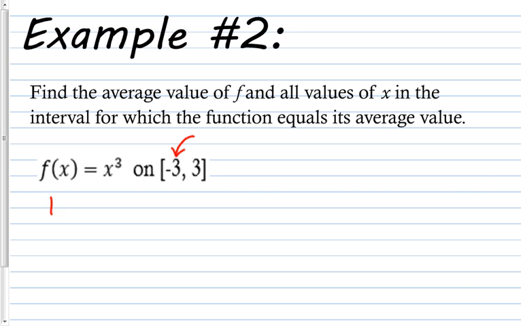Okay, so 1 over 3 minus a negative 3. Oh yeah, that becomes plus. And then x cubed dx from negative 3 to 3. Now remember, this is the average value. That perfect height that will get me the exact amount of area underneath the curve.